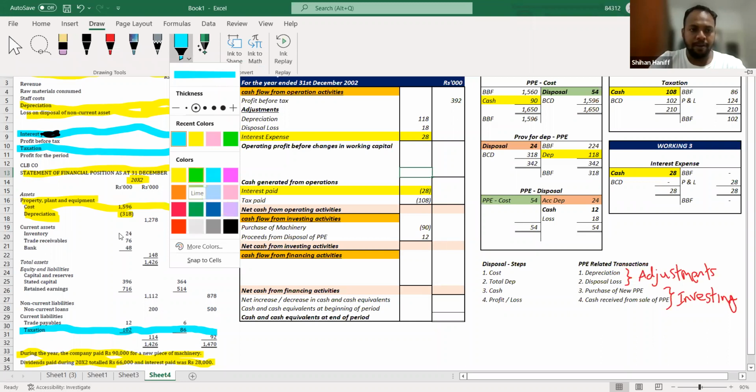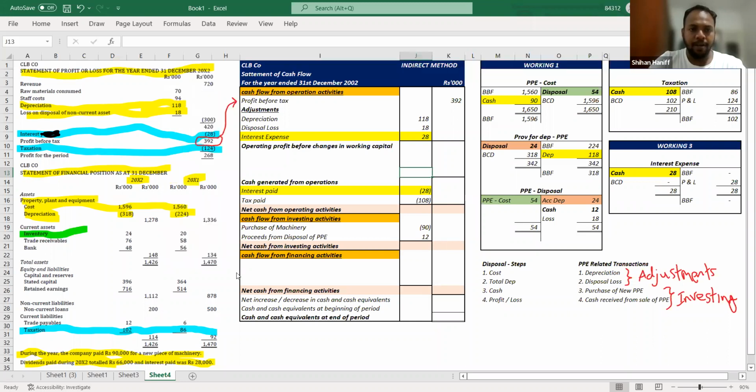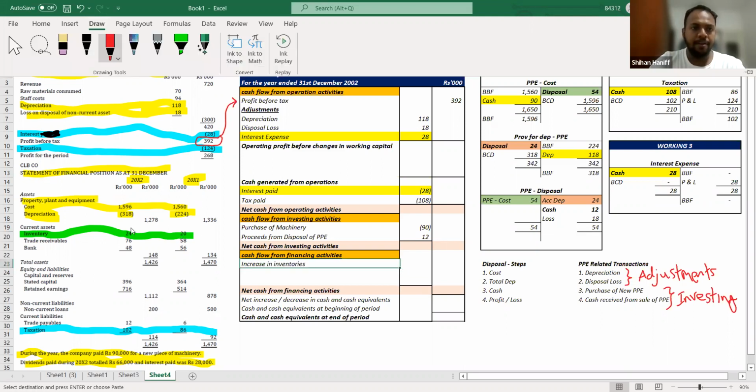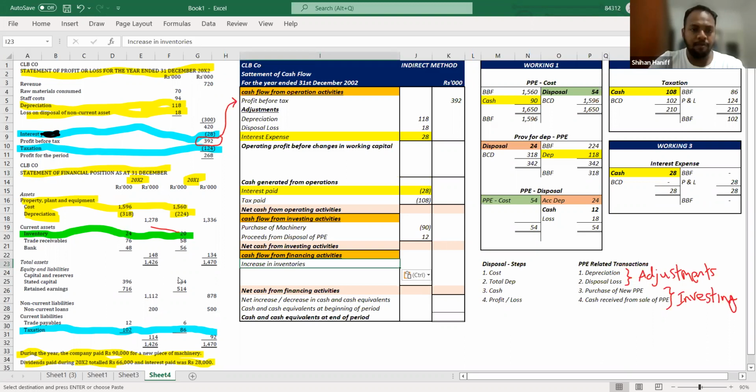Inventory, opening 20, closing 24. So here what has happened? Inventory is increased. Increase in inventory, see, opening is 20, closing is 24. Increase by 4. Increase means decrease: a current asset increase means decrease in cash.